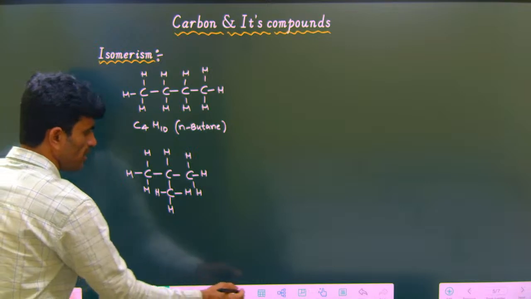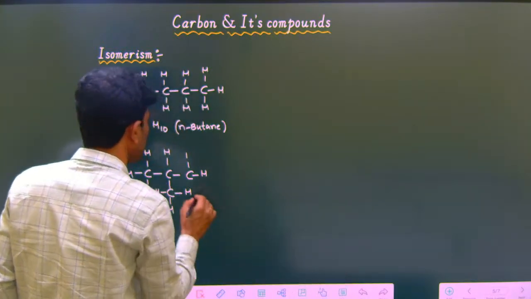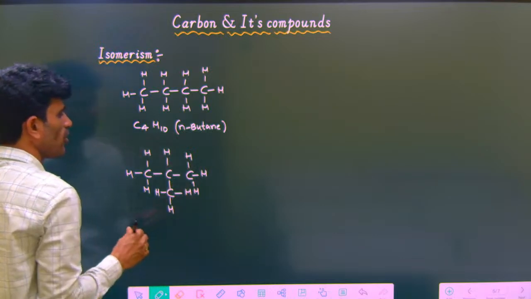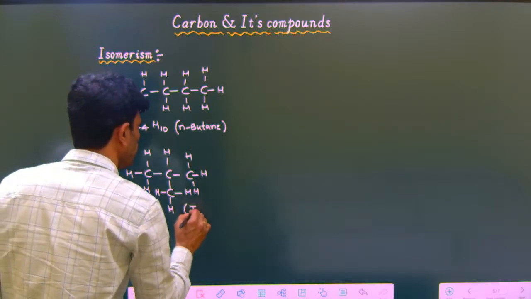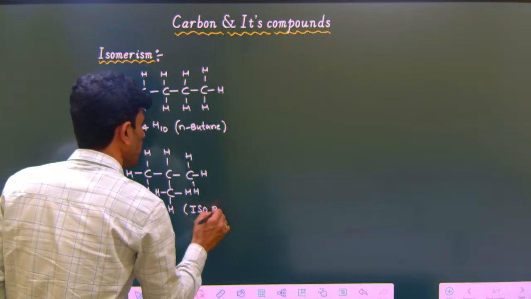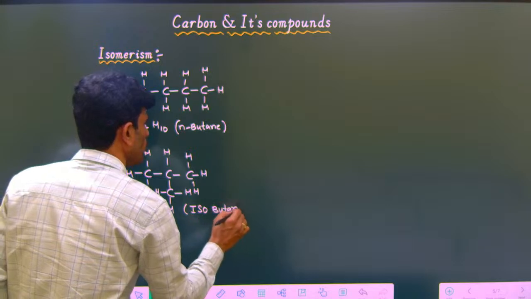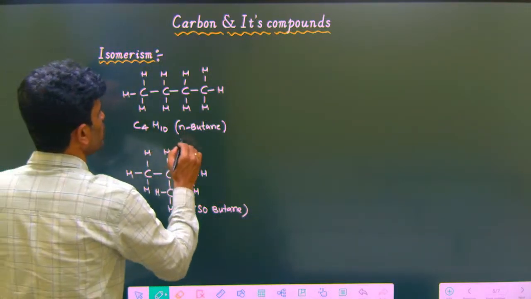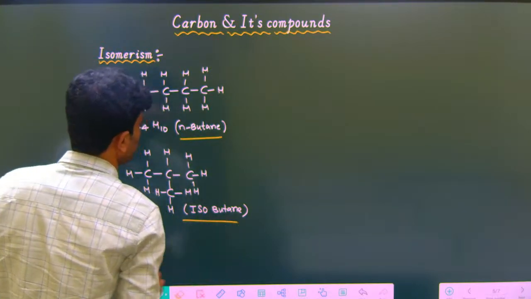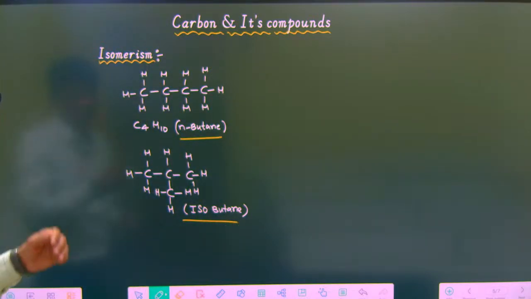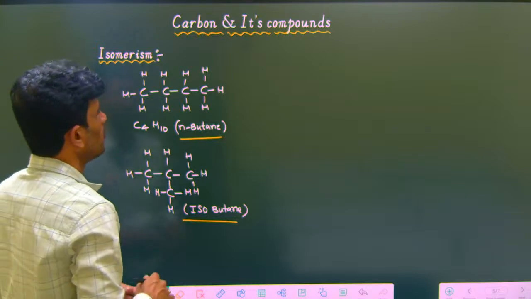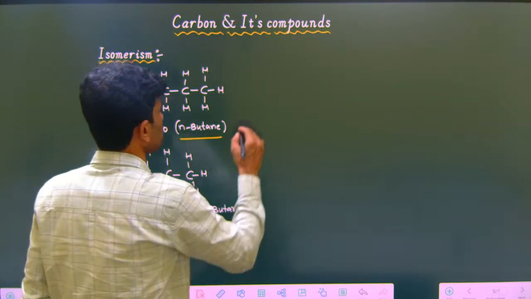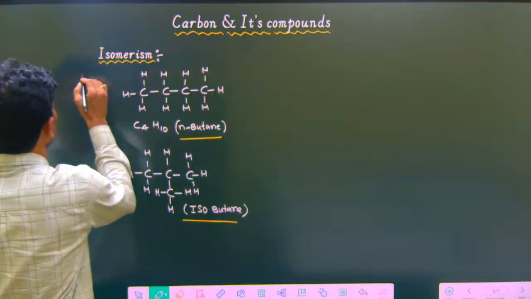So here it has a different structure compared to the first one. So here what do we call it? Isobutane. So for butane, 2 isomers are possible. One is N-butane and the other is isobutane. So like this we can draw isomers of butane. Now similarly let us discuss the isomers of pentane. This is about butane.